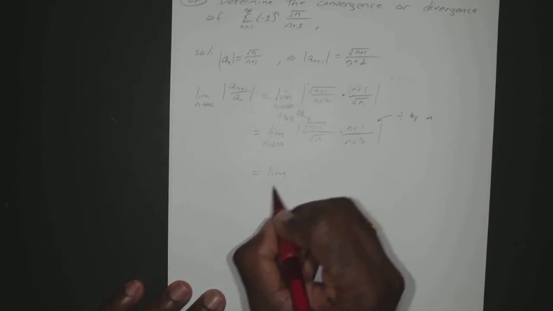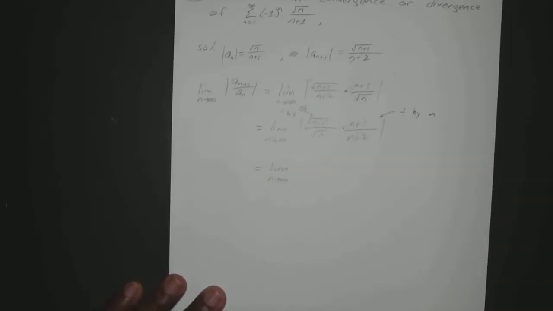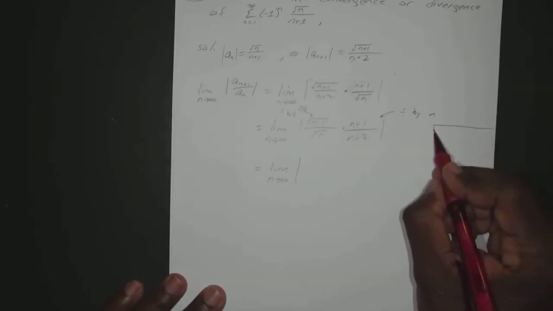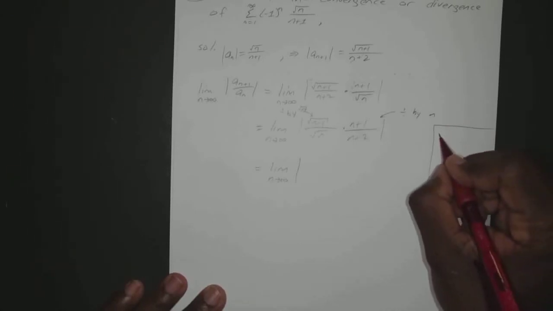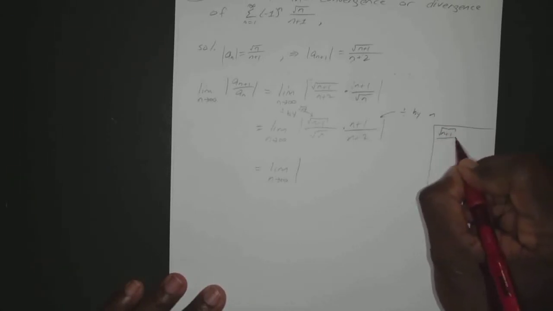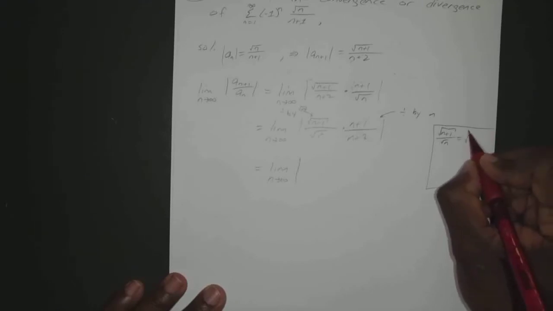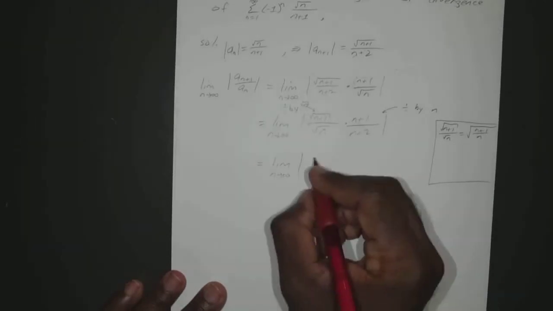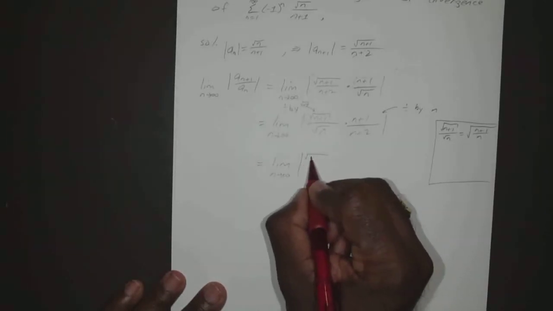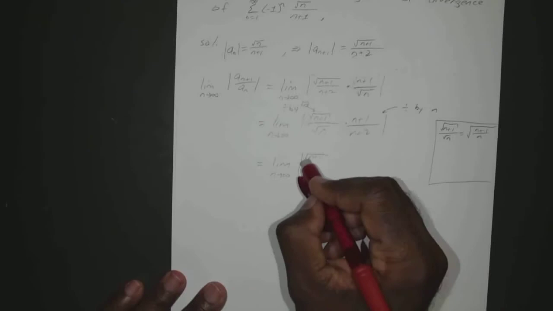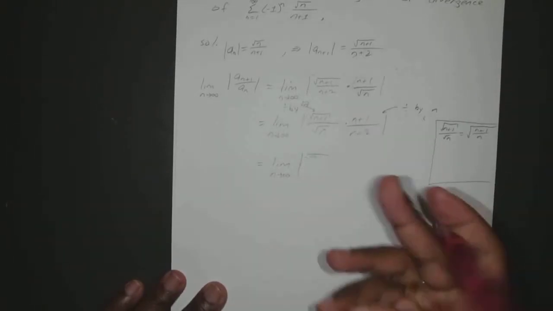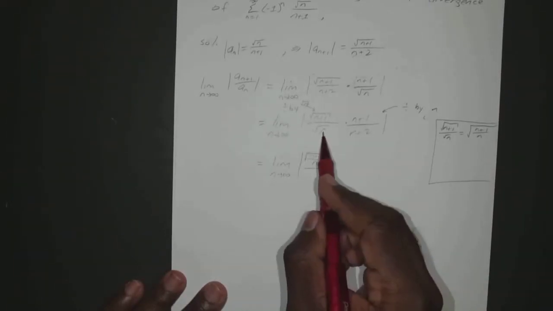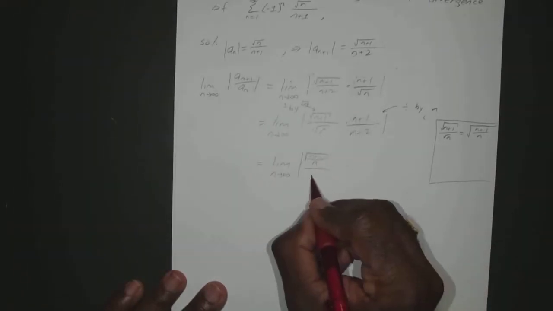Okay, so you get the limit as n approaches infinity. You have square root of n plus 1 over square root of n. Remember, that's going to be square root of n plus 1 over n. Okay, so you have square root of n plus 1 over n, divided by square root of n over square root of n, which is actually just 1.